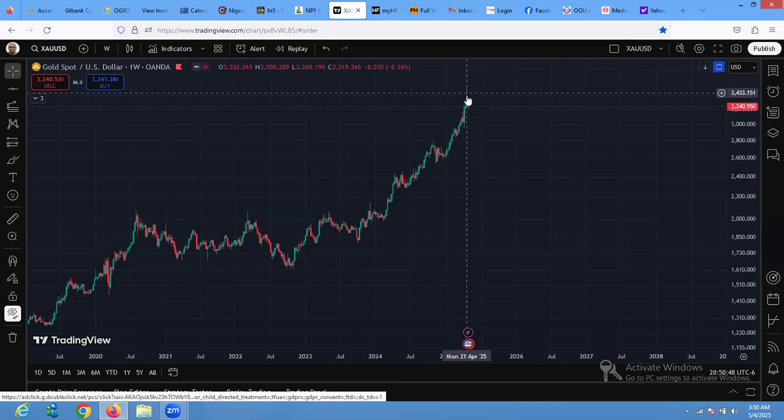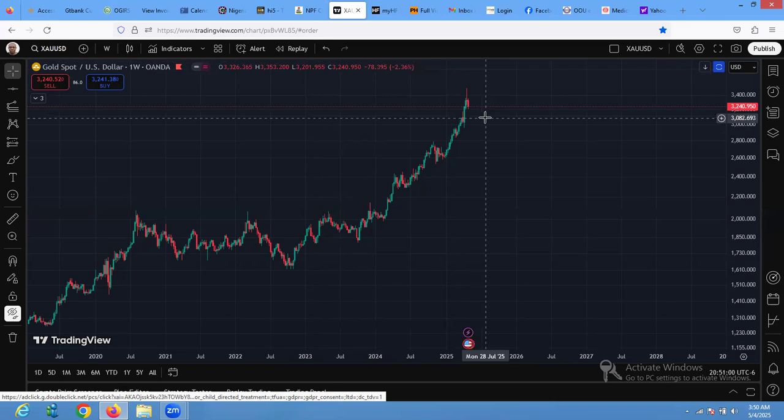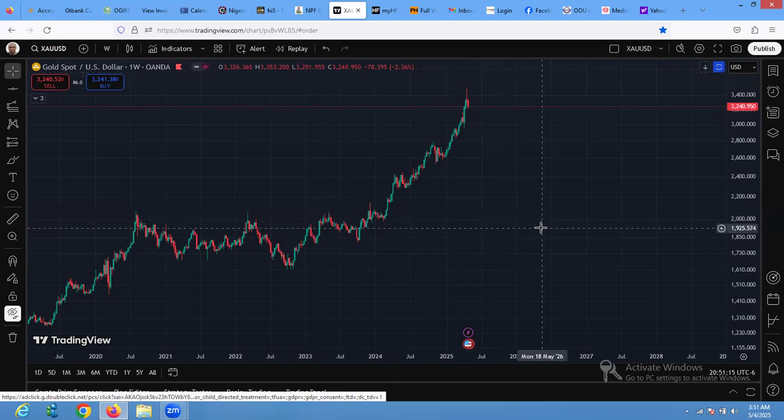So this is just the beginning of it. We are coming down to do a wave 4. It might be more complex. It might go up as probably an A, B, and a C, or WXY, or a zigzag. It might give us to come much lower. And once we are done with that correction, we'll go up again to break with 5 to the upside before a bigger correction that may break this low.